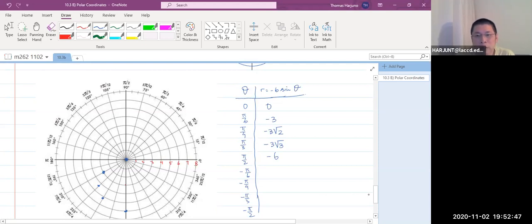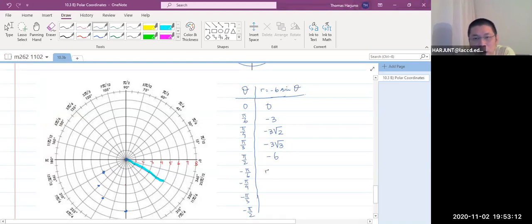Okay, but you can do it yourself. And then when theta is -pi over 6, it is in this direction later on. When theta is -pi over 6, I wonder what we get.